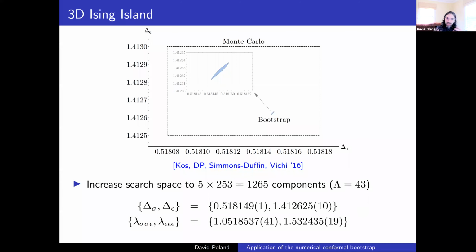And from looking at these extremal spectra, you can extract a whole big spectrum of all the higher dimensional operators along with their OPE coefficients. And by moving around on the boundary, you can see how much those operators vary. And that gives you some estimate for how well you've determined them.